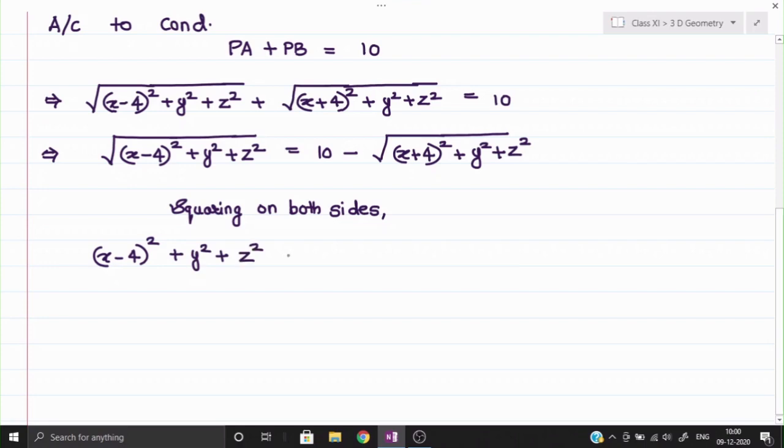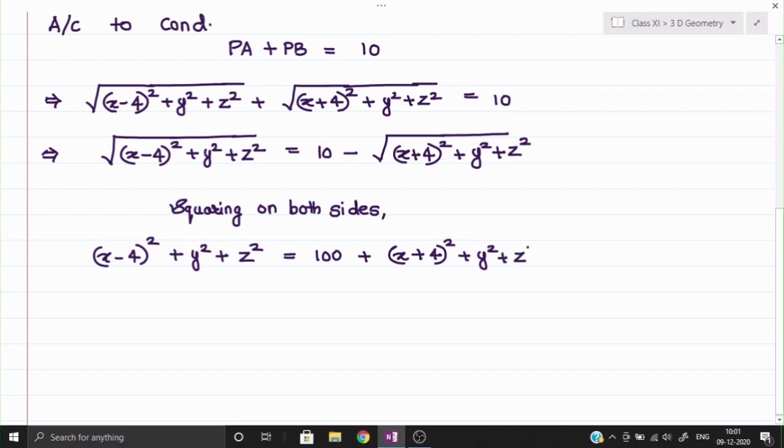But when we do the squaring on the right-hand side, it becomes the formula of a minus b the whole square. So we shall apply the formula of a minus b the whole square. The first term squared is 100, the second term squared, where the root will be cancelled, is x plus 4 whole power 2 plus y square plus z square.